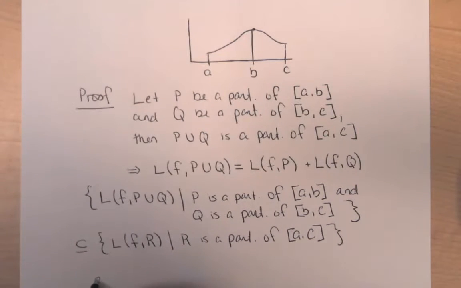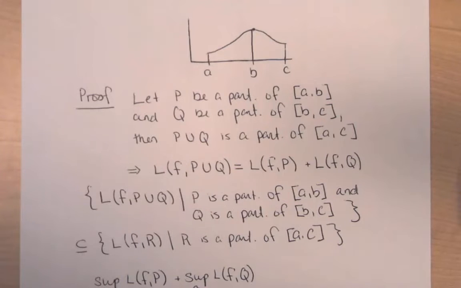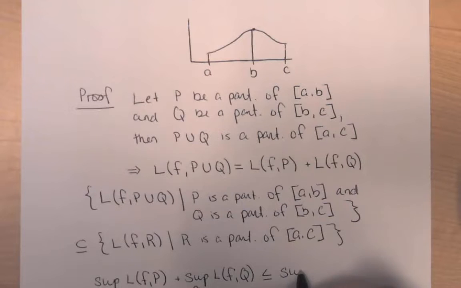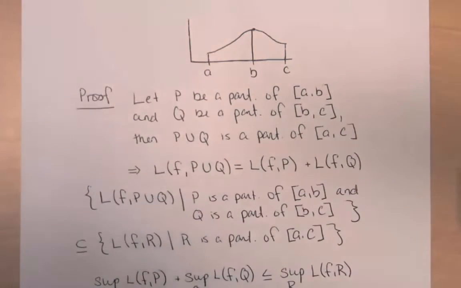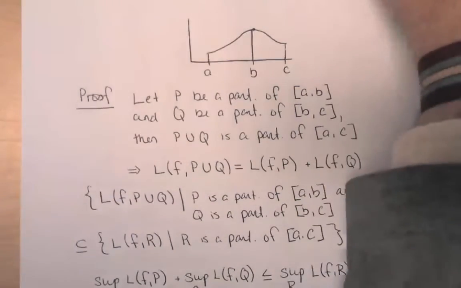In other words, the supremum over P of the lower sums plus the supremum over Q of the lower sums has to be less than or equal to the supremum over R of all lower sums. Right, because R allows me to consider any partition of a to c.